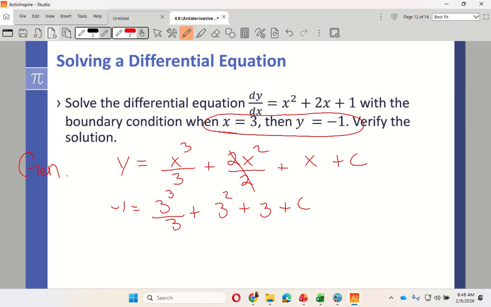Let's see, so that's going to be 9 plus 9 plus 3 is 21. So -22 equals c.